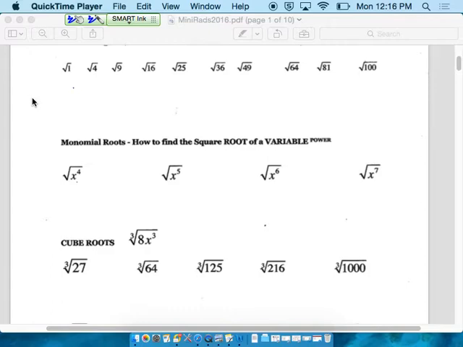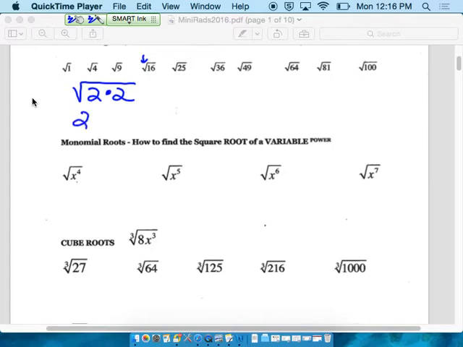So if I have the square root of 4, 4 is 2 times 2. And here no index is given, so it's assumed that I'm looking for the square root. That's telling me the number of times that a factor should be multiplied times itself in order to be the perfect square. So here the square root of 4 is 2.